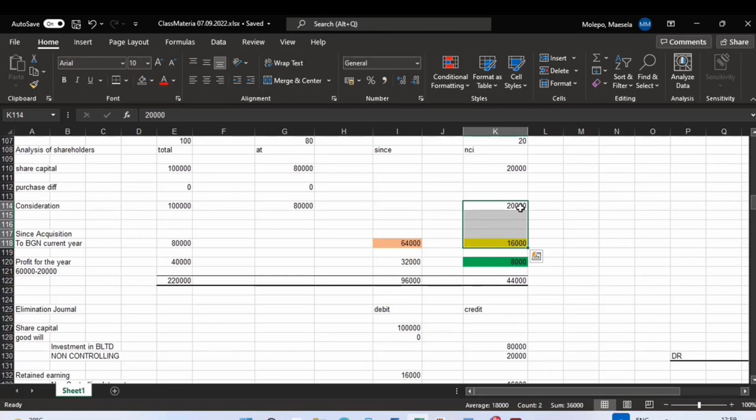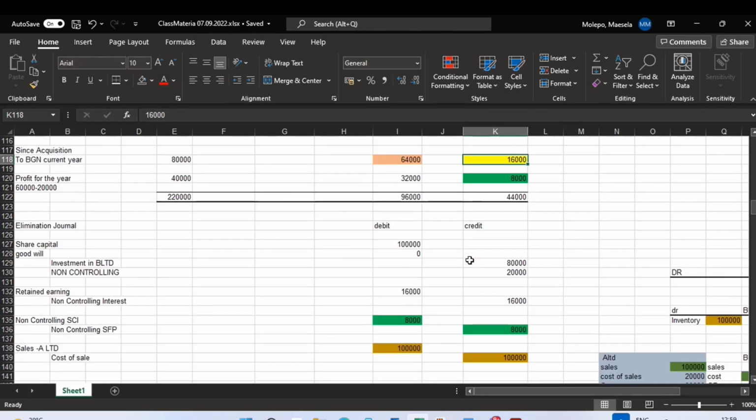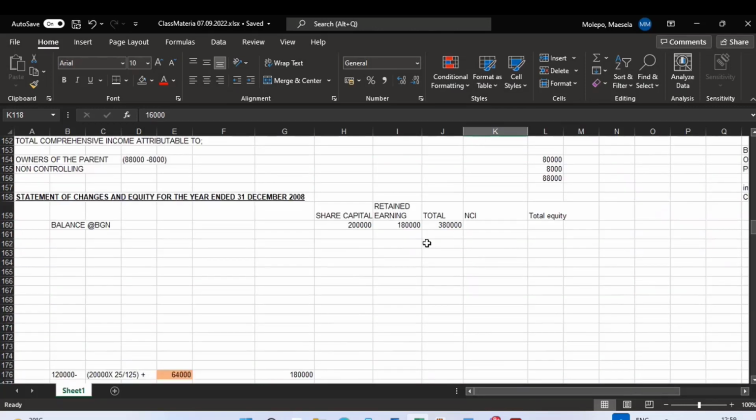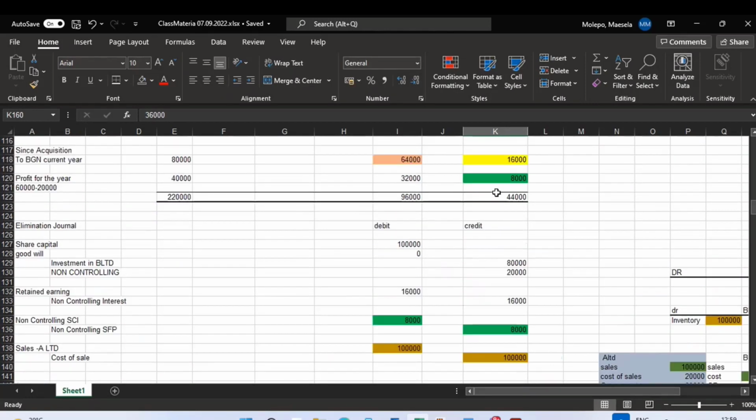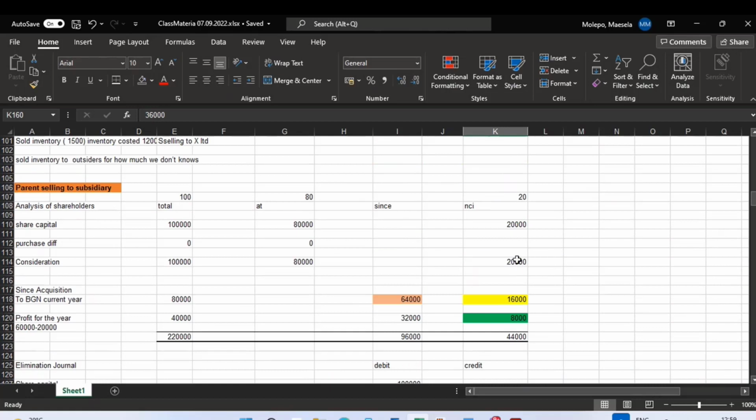Yeah, thank you. So when you say 20,000 plus 16, then they will give you 36. So this is the 36 that you're going to see here as an NCI, which came from the addition of these two, the 20,000 plus 16. Because this one comes from at acquisition, and this one comes from since acquisition to the beginning of the current year.